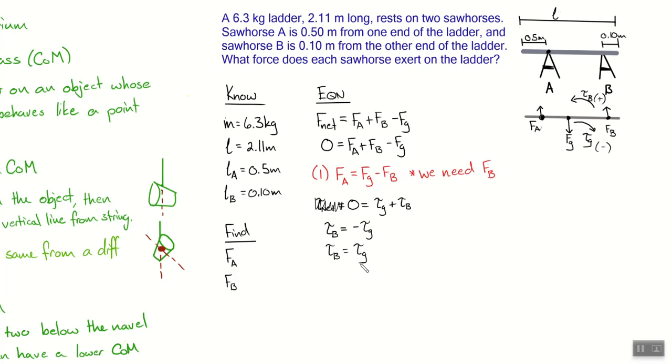Okay. Now, this allows us to go one step further. And I just want to remind you, we were trying to solve for force B somehow. And it turns out that maybe, just maybe, it's going to show up here. If I want to find the torque at point Bravo, then I know that torque is the force at Bravo times the radius of that point from the axis that we're rotating around, or RB.